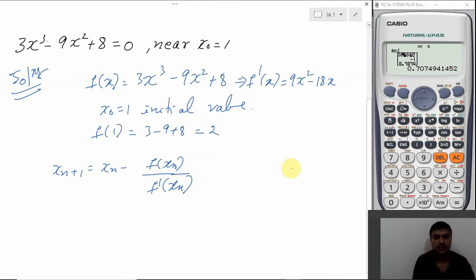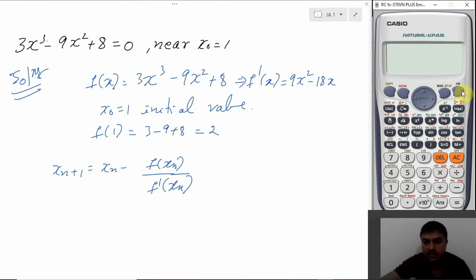Okay, so in your calculator, students, press shift and choose composite 1. Don't take matrix or anything, just shift and composite 1, and make it normal mode. Now substitute the x value as alpha x.